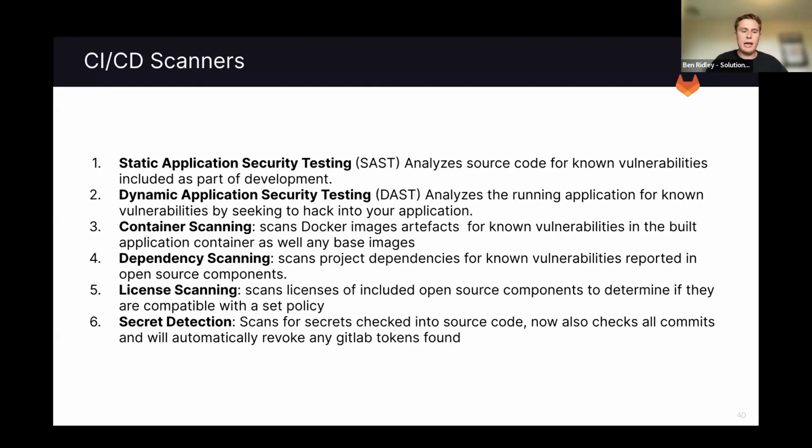Container scanning. Inside today's workshop, we're building a Docker image as part of our workshop project. We also will scan the Docker image itself for known vulnerabilities in the application container, plus any of the base images that we might be building on top of inside our Dockerfile. We're also using dependency scanning. We're using Python, and we've installed packages from PyPI using the pip package manager.